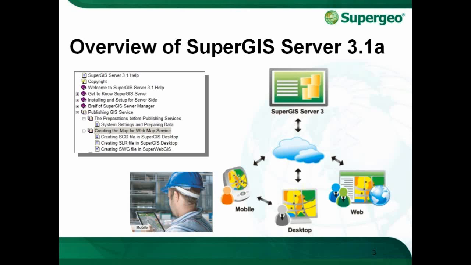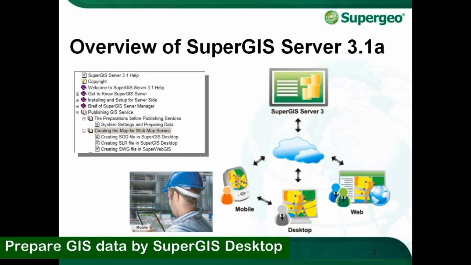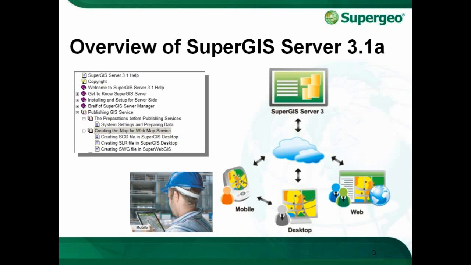Okay, back to the very beginning when publishing a map service. Users will need to prepare the GIS data by themselves. The data needs to use our SuperGIS Desktop to create a project file, an SGD file. Then the map can be published.